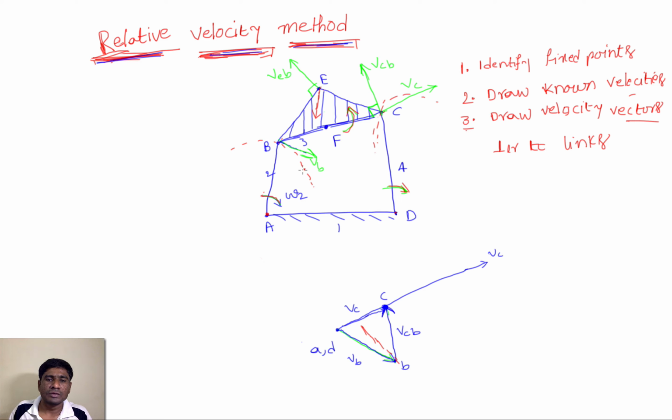So for example, if B is at this position, then C would be at this position. That means this C and E will rotate like this. This point E will rotate in this direction. So this point B is going in the clockwise direction, C also going in the clockwise direction, but point E is going in the anti-clockwise direction.